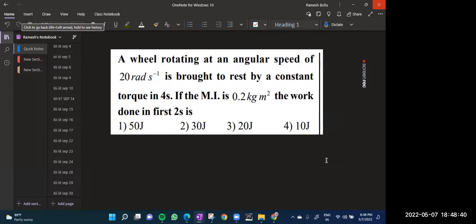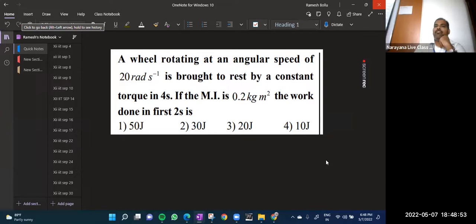Kirutika, say hello. Hello, sir. Nivasini. In offline, you will show your faces, right? In online, what is the problem? Why won't you turn on your camera? Saving internet data.